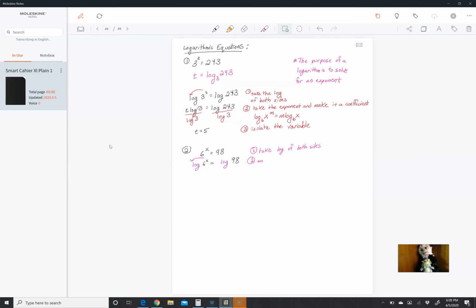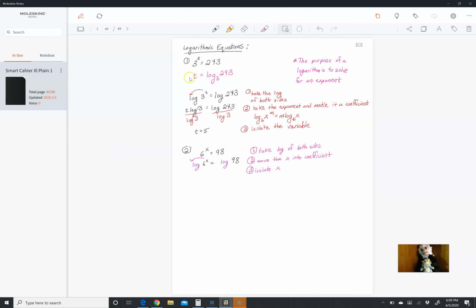Then we move the x into a coefficient. The x is the exponent here. Our final step is going to be to isolate that variable because we're solving for x.